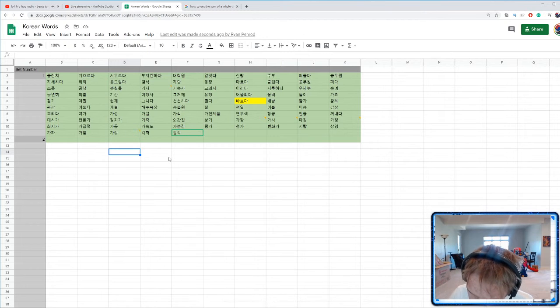Kakji, eh? So I just learned one that was that. Gakcho, each place. Gakji, various places. And there we go.